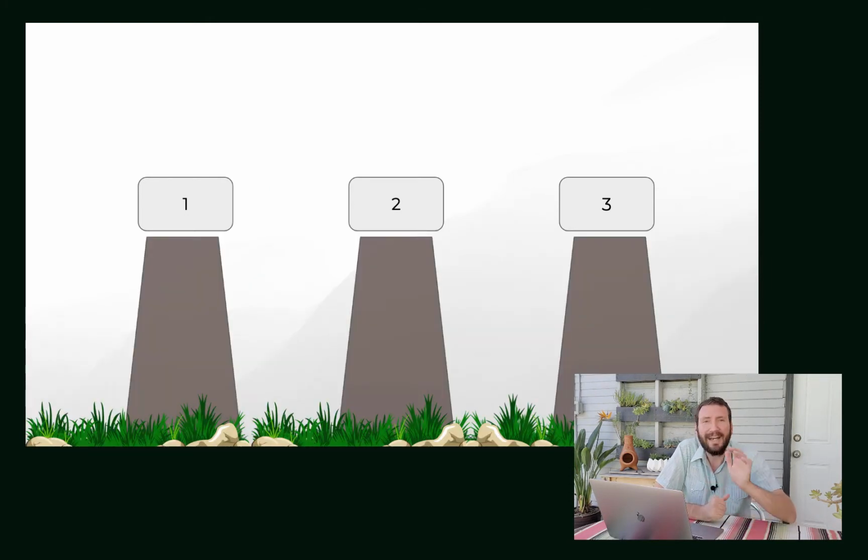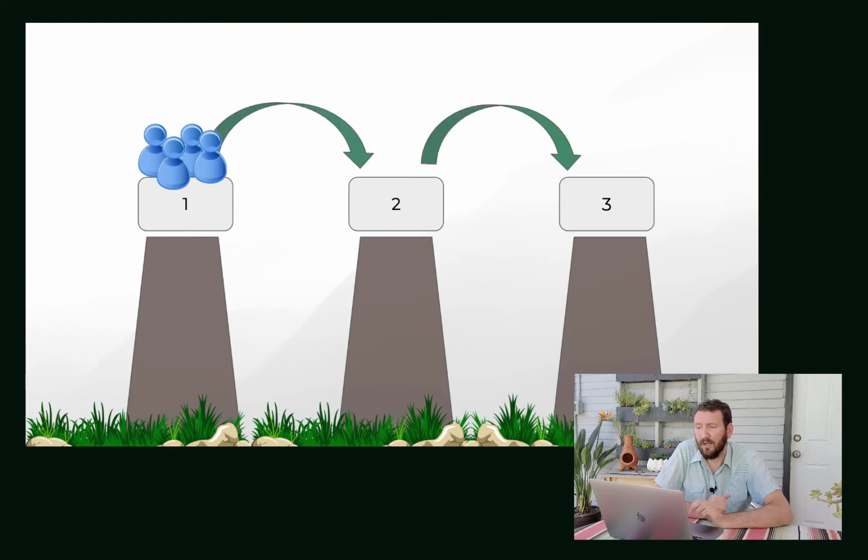And I find it might help if we visualize the milestones this way. So if you have a bunch of people on that first milestone, the goal is naturally to get them all the way across, to help as many people as possible make it from stage to stage, progressing through your different milestones. And even if you don't fill those gaps, some people might make it across.